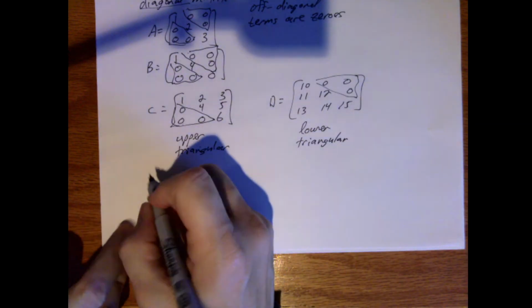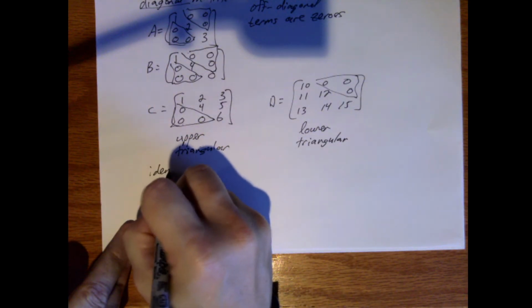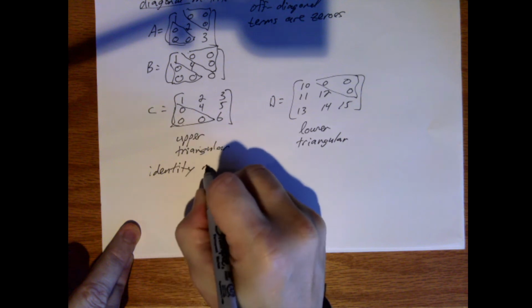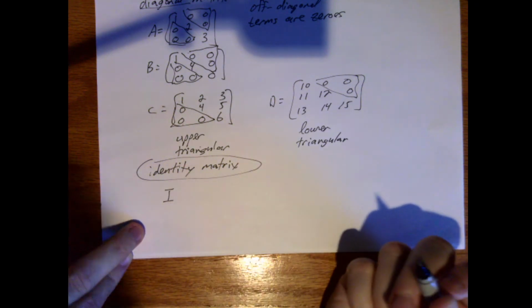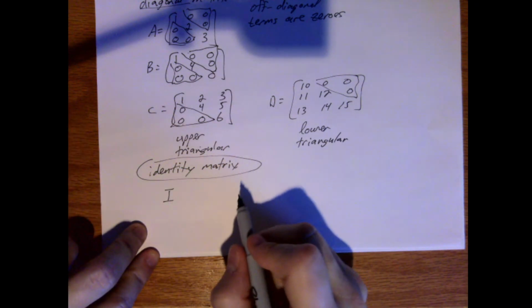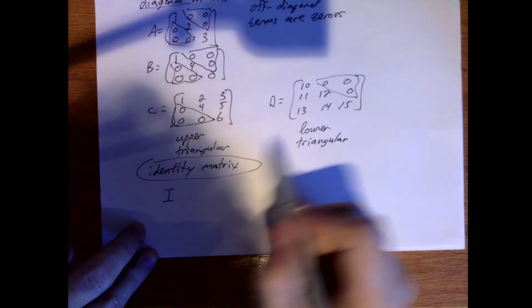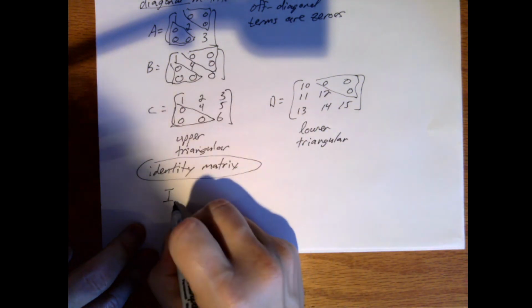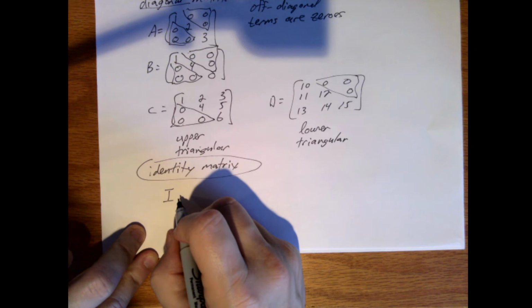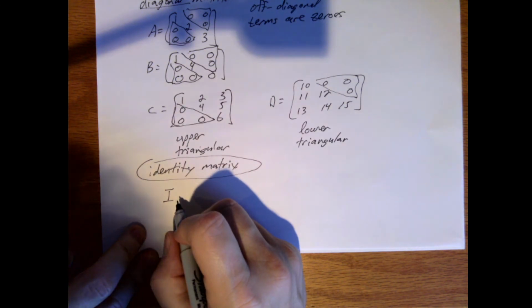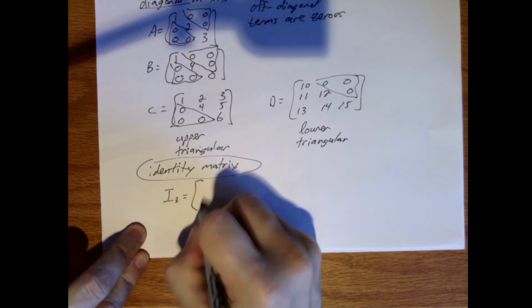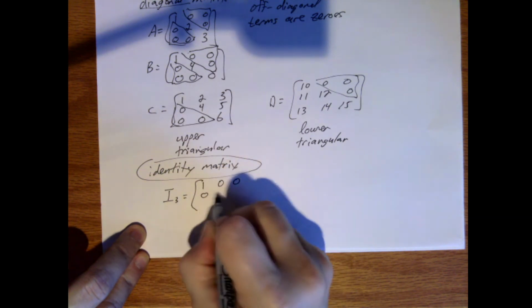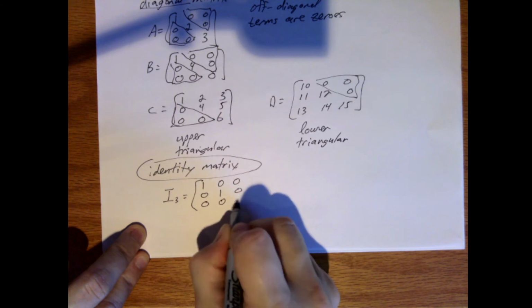There's another special type of matrix called an identity matrix. All right? And we'll normally write it just as a capital I. Now, if we care about the particular shape and want to stress what shape it is, then we'll write a subscript indicating the number of rows and columns, because it's also a square matrix. So I3 looks like this: 1, 0, 0, 0, 1, 0, 0, 0, 1.